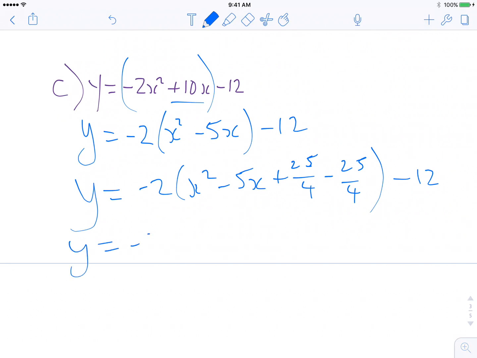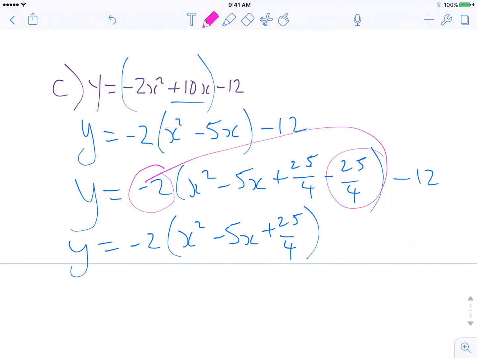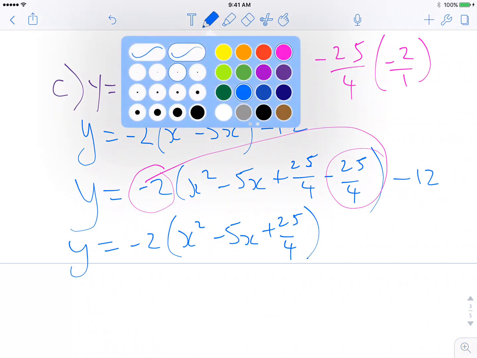y equals negative 2 bracket, and then we have x squared minus 5x plus 25 over 4. That's our perfect square trinomial, and now we want to remove this third term by multiplying negative 2 times negative 25 over 4. And again, I'll show you that over here, negative 25 over 4, this time being multiplied by a negative 2, or negative 2 over 1. And again, you can cross reduce.